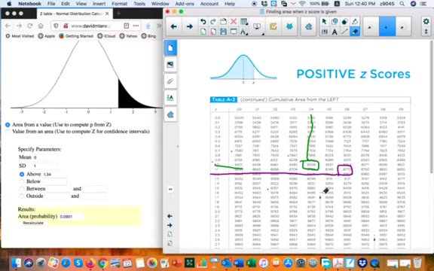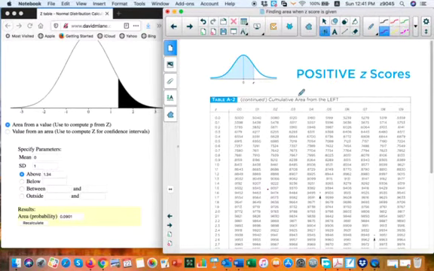Let us erase these values first so that the table is clear. I'm going to find it for 1.05 now. 1.0 is this line. I'm going to go to 5, which is this value 0.8531.